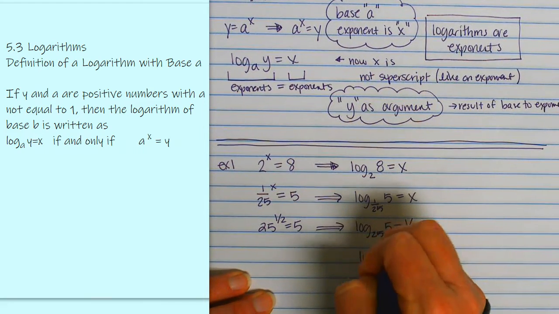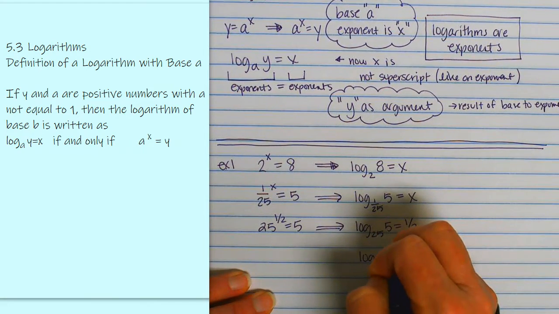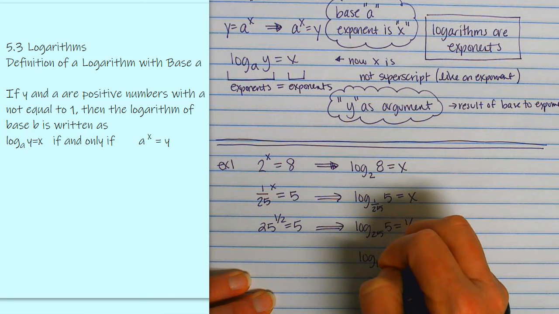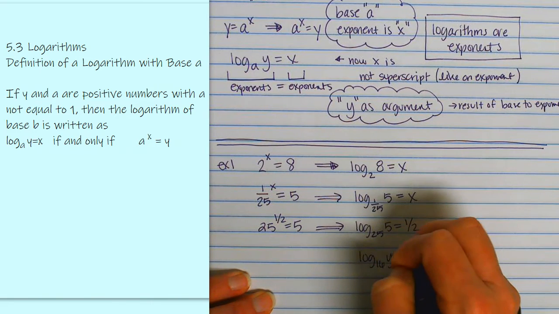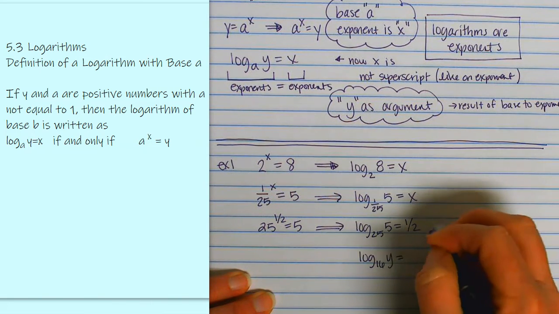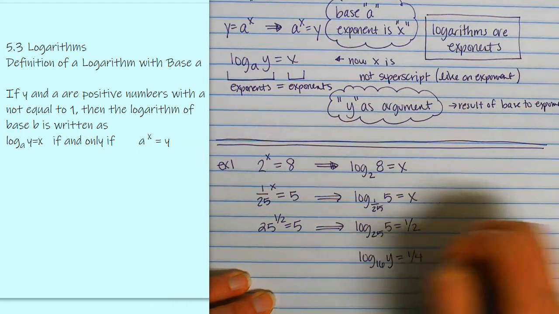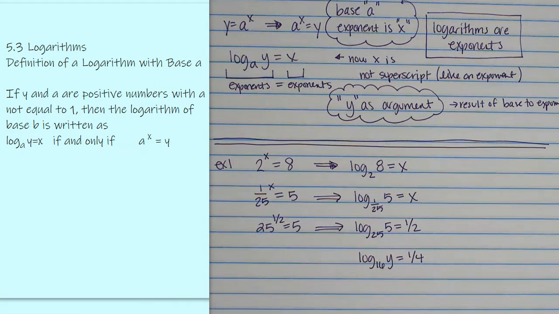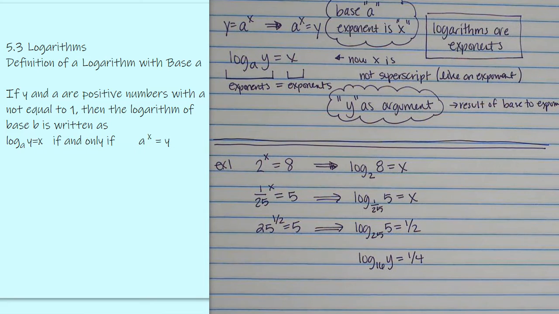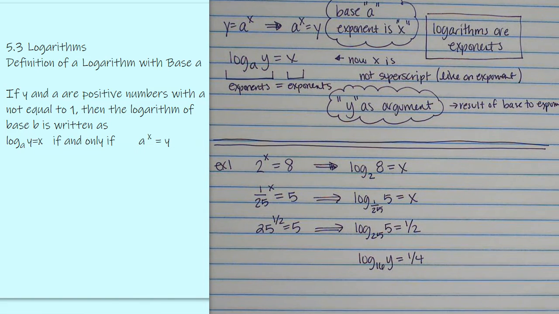So if we said log base 16 of y equals 1/4, you could rewrite this and solve for y. And to do that, we're going to use what another teacher had taught somebody.